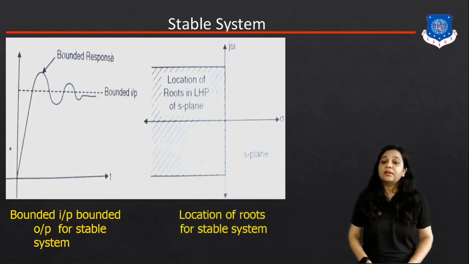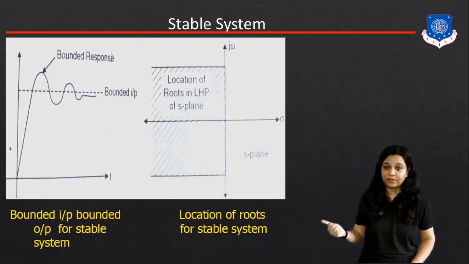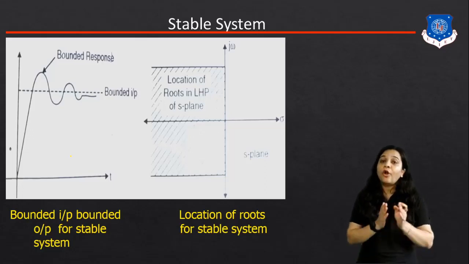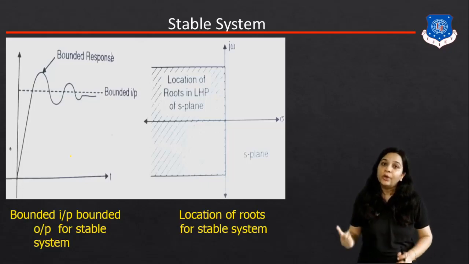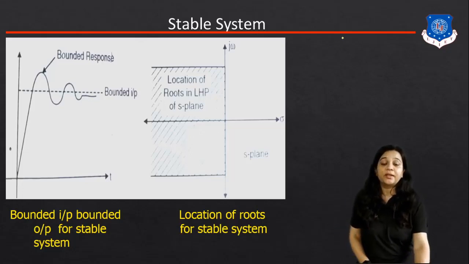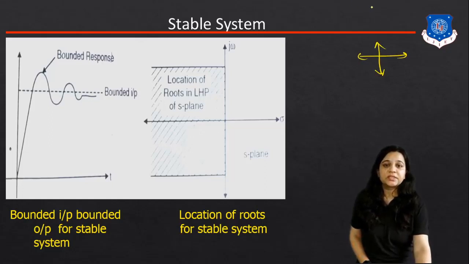Now what is the other condition for stability? Here you can see that the location of the roots is given. The first and important condition is that if all the roots are located in the left hand plane, that type of system is known as a stable system. Suppose we have to draw the location of the poles and zeros for the system equation s upon s plus 1.